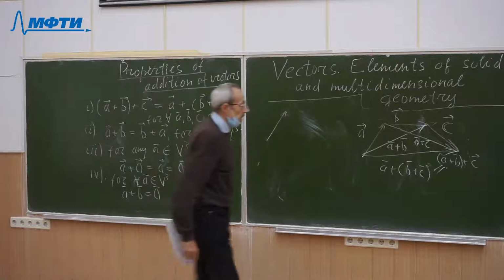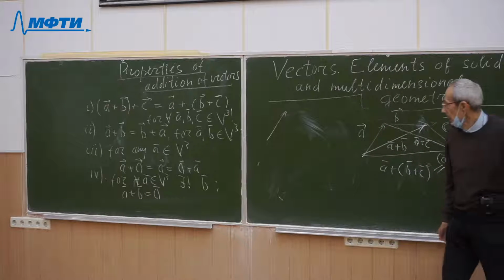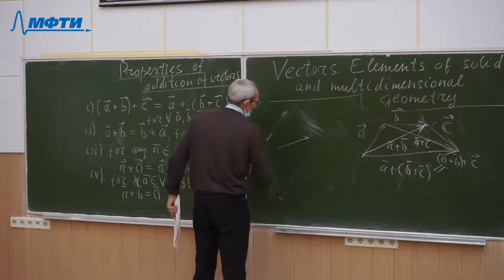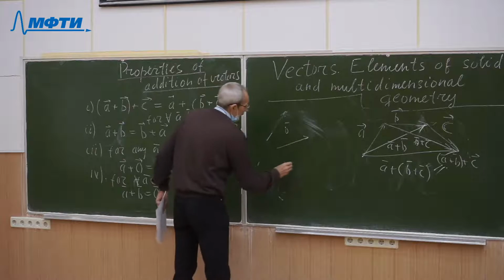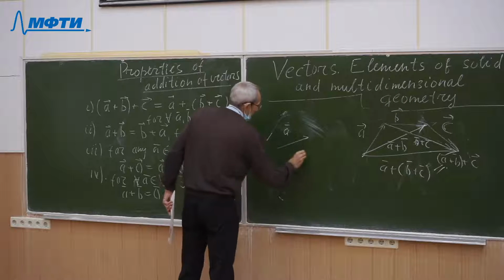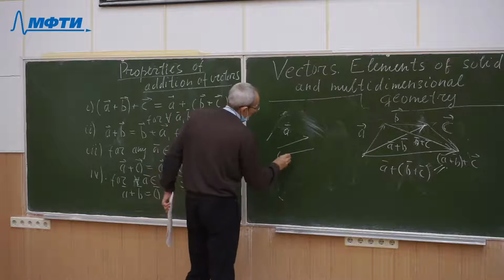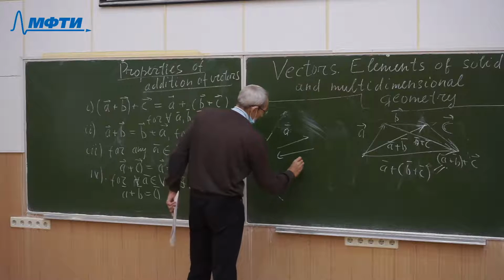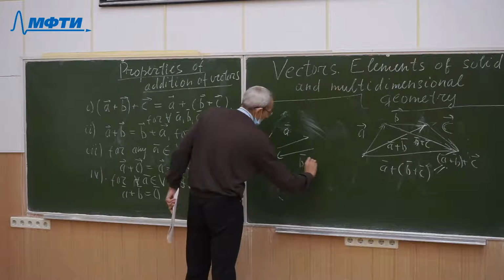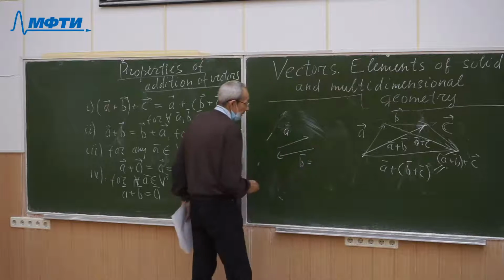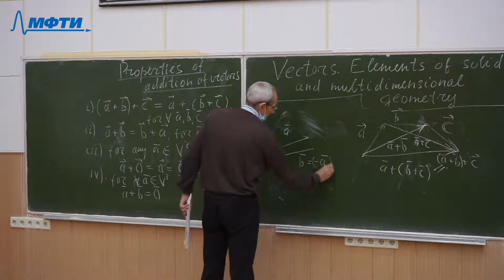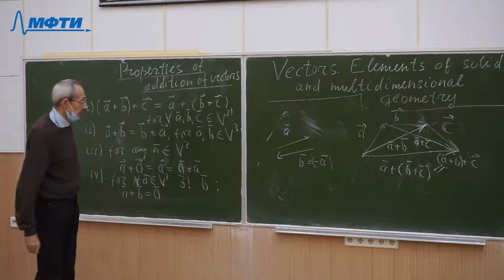This vector B is called the opposite vector. B has the same length as A, but opposite direction. And we also denote vector B as minus A, as a definition of the opposite vector.